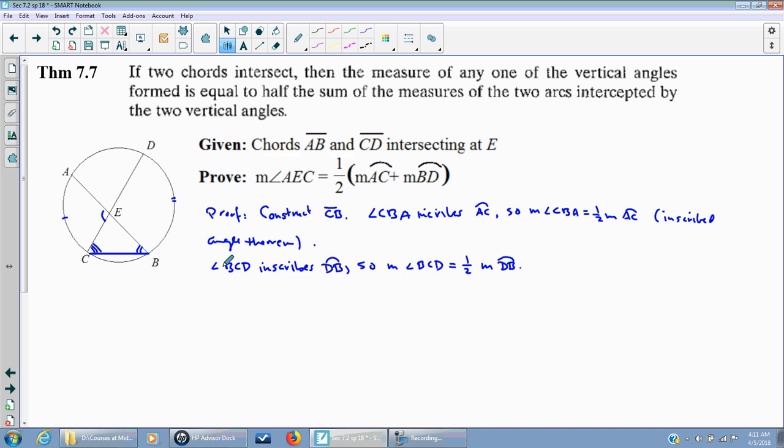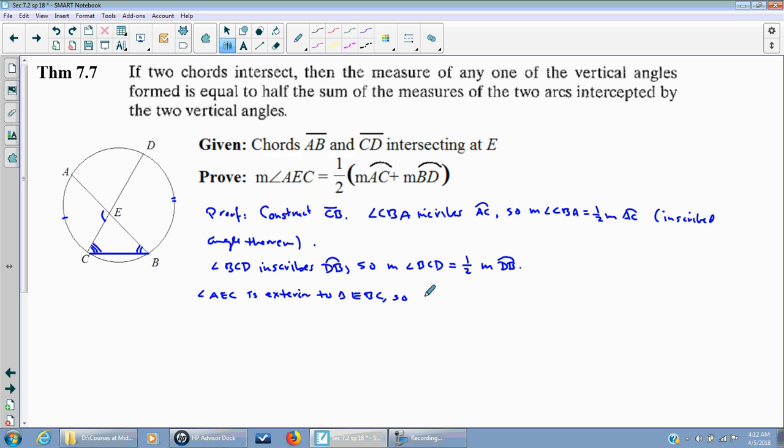Now, what do we have here? I look at these two angles down here. Well, they're part of a triangle. And the vertical angle I'm interested in, this angle E, is actually exterior to that triangle. So angle AEC is exterior to the triangle EBC. Okay.